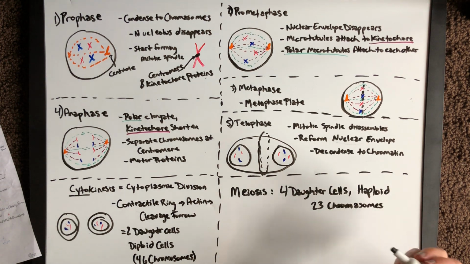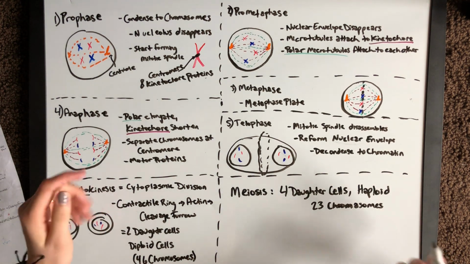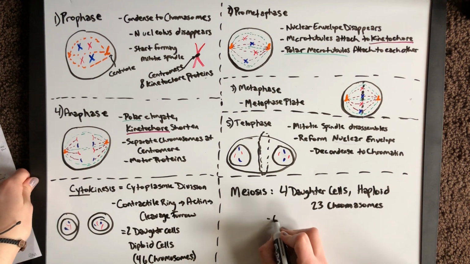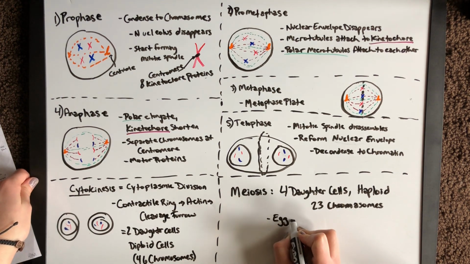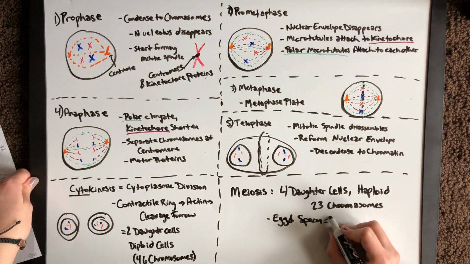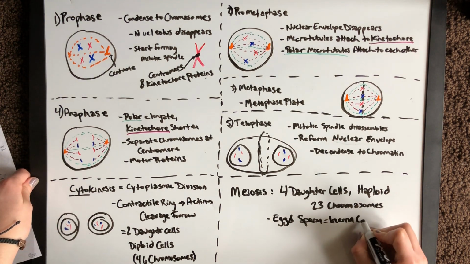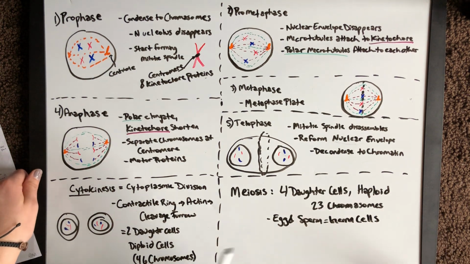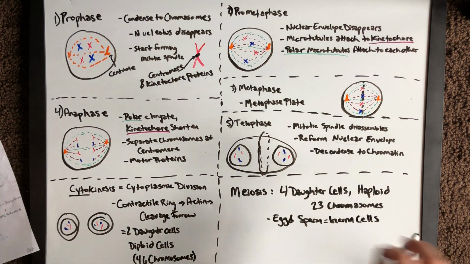Which is good, because if we're making egg and sperm, which are the germ cells, then if we have the egg and sperm that come together, the 23 plus 23 equals our 46 that we have to have for any other type of cells in our body.